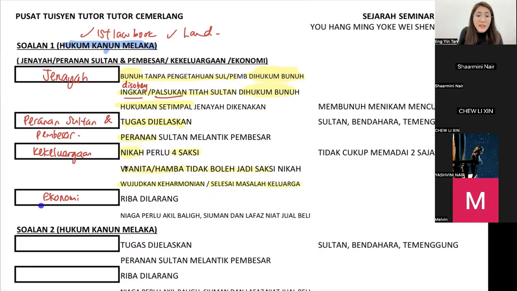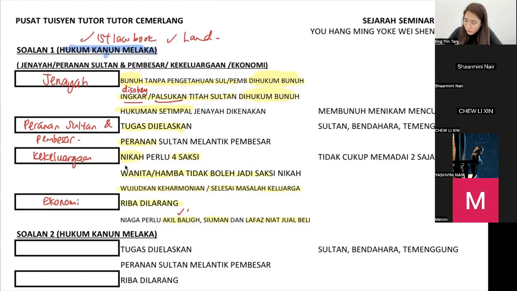So guys, economy under the Hukum Gandum Melaka, they mentioned that this is like an Islamic law, right? So they say riba is not allowed. And for those who do trading at Melaka, berniaga, mesti akil baligh, siuman and lafaz niat jual beli. Based on the law, whoever does business, you need to make sure they are akil baligh. Akil baligh means cukup umur.